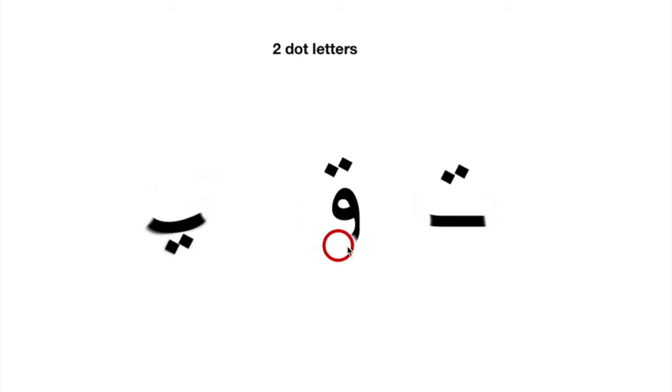Remove some more, it's still a qa. So provided this is joining onto another letter and has two dots on top, this would still be the letter qa. So if you can recognize that taking some parts of each letter off, but still leaving the dots, you can still recognize the two dot letters.